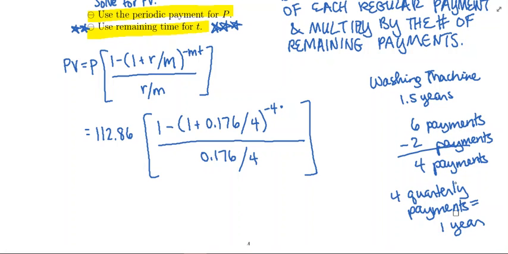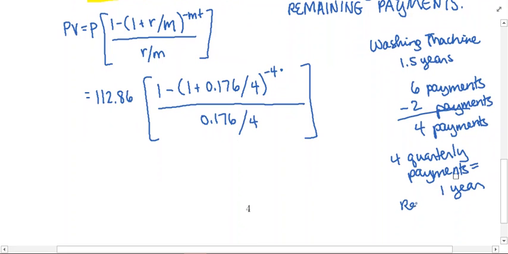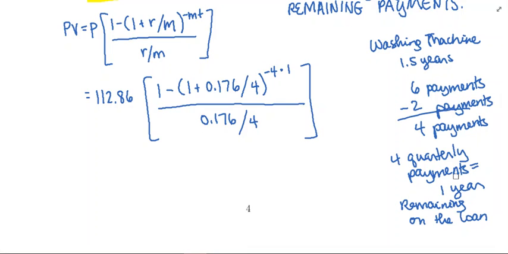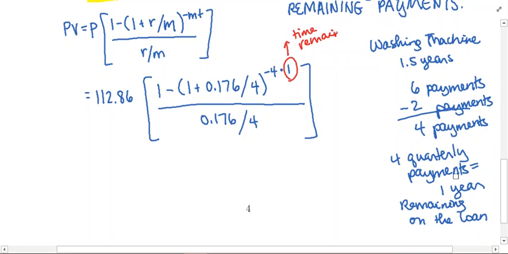So the 1.5 years minus the half year leaves 1 year remaining on the loan. So time would be 1 here, and I'm going to circle that and say this is the time remaining on the loan, which is 1 year.